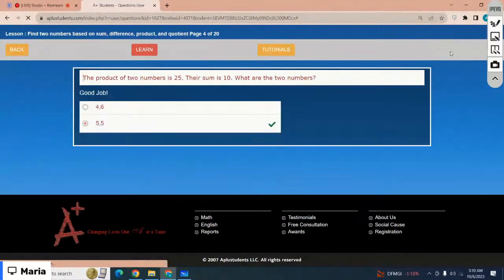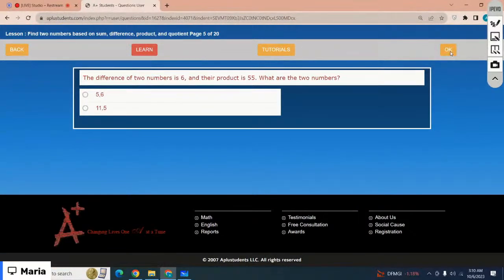Very good. The difference of two numbers is 6, and their product is 55. What are the two numbers? Which two numbers have the product 55 and difference 6?